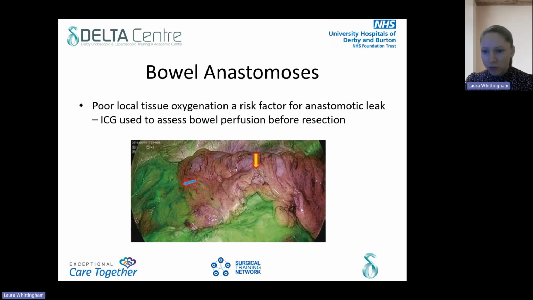So looking beyond gynecology into more general surgery, it's used within bowel anastomosis to identify areas of poor tissue oxygenation or to clearly identify areas where blood flow has been stopped to the bowel. It can also be used to assess bowel perfusion before resection.